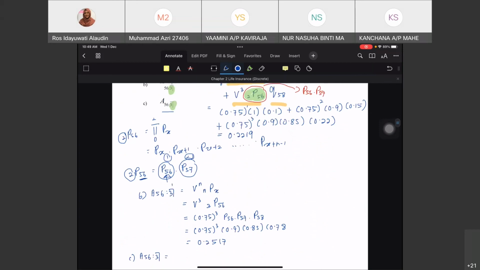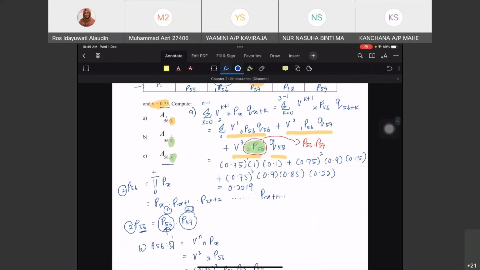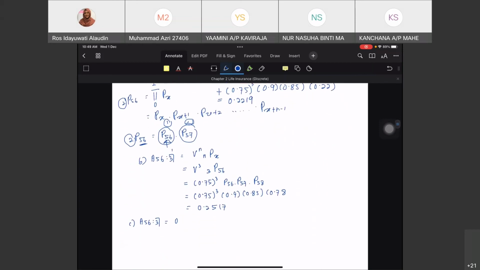The term is from A, so we take the result from A plus the pure endowment from B. You just sum up these two values and you will get the endowment.